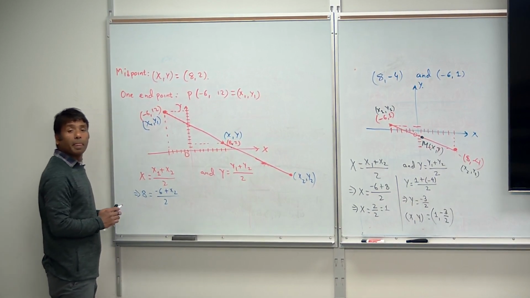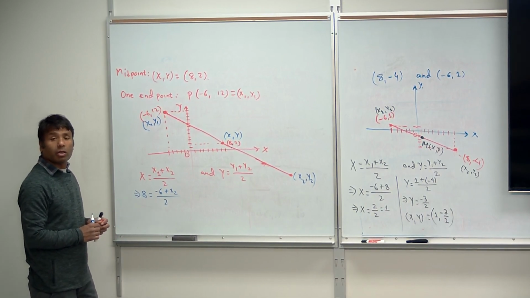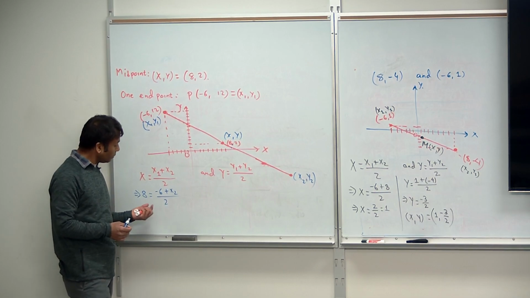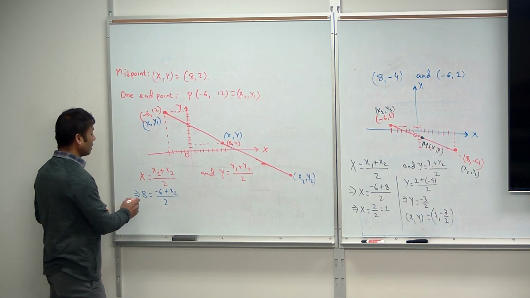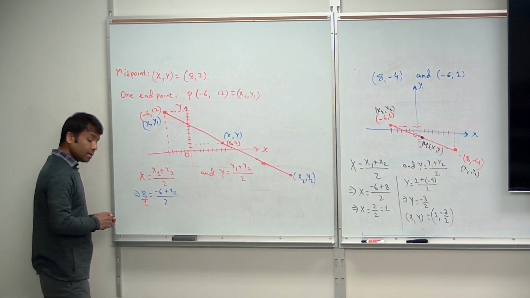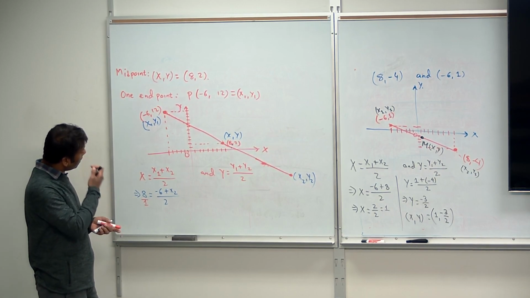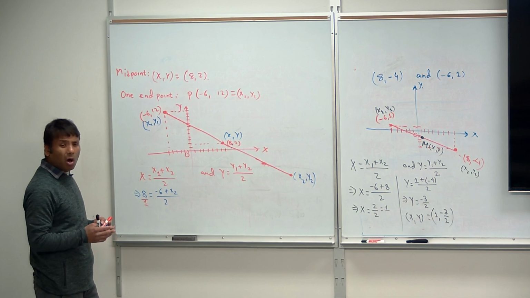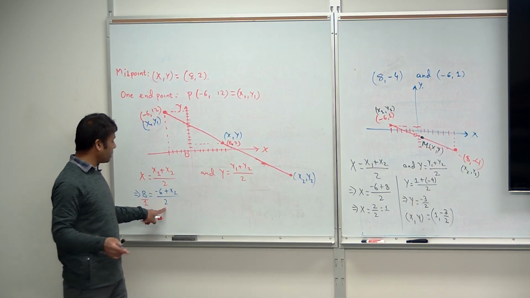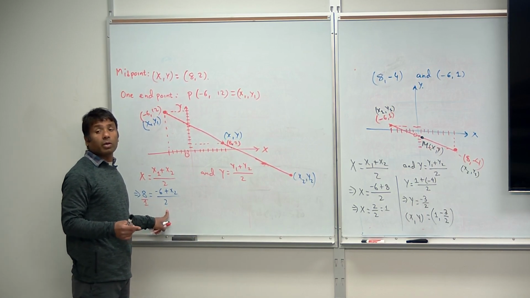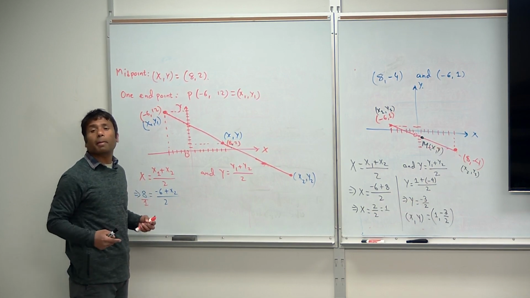Now we need to solve this equation. How do you solve it? Wouldn't you want to get x2 on its own? Yes, but before that, you need to get rid of the denominator. On the right side we have a 2 in the denominator, so you can either multiply both sides by 2 or cross multiply.